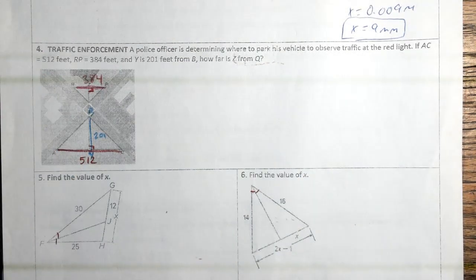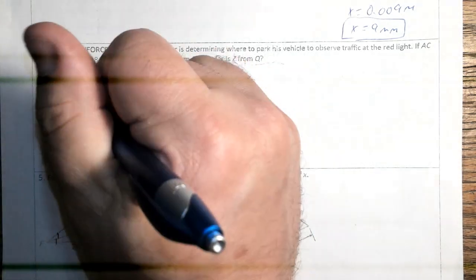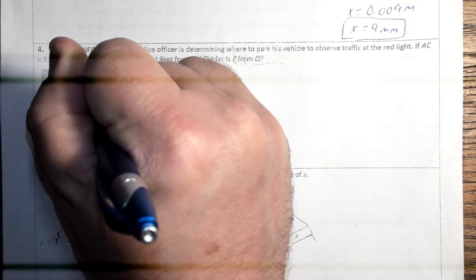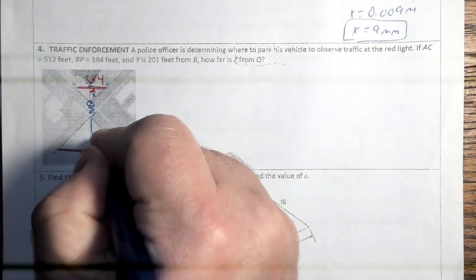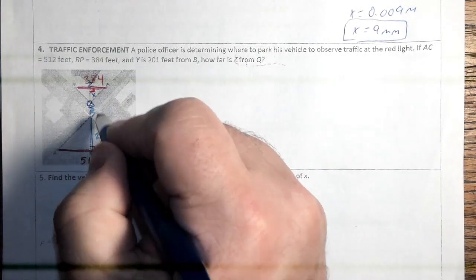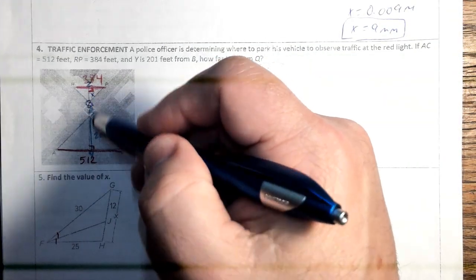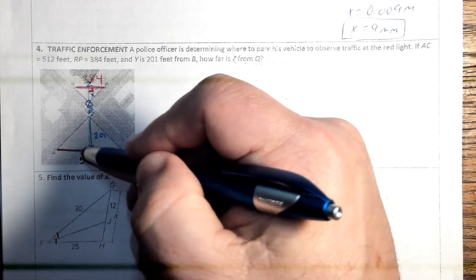Let's see. Just a second. And this is Z here, and this is Q. No, that's Z. That's Q. So this is going to be X. This is 201, and it's going to be X to 201. This to this, because that's how our proportions go. The median to the median, the side to the side.